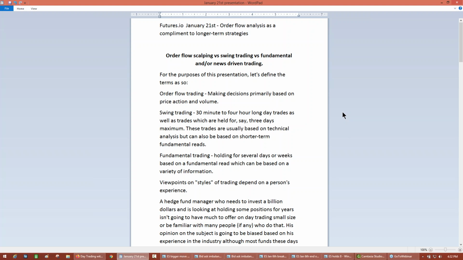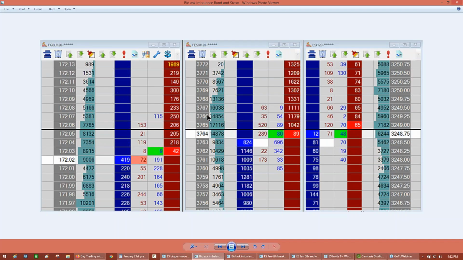When it's all said and done, you'll understand why it could behoove you to look at the depth of market, also AKA the order book, AKA the ladder, AKA these things right here. That's what the ladder, the order book, the DOM is, depth of market.